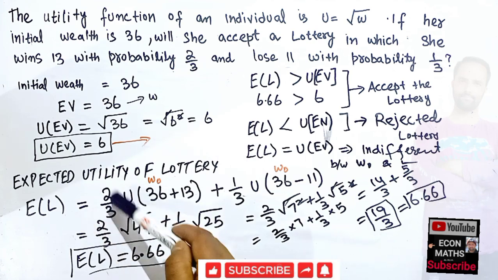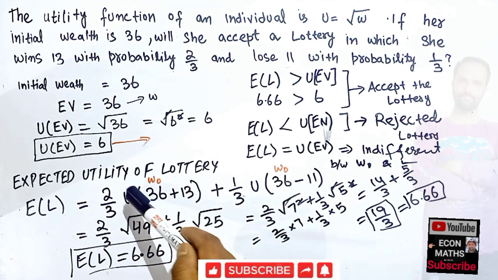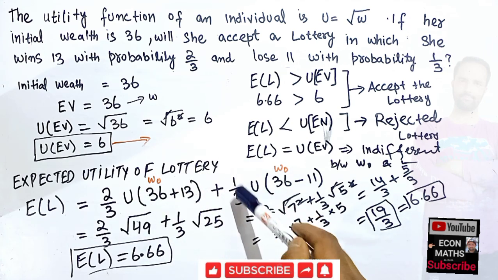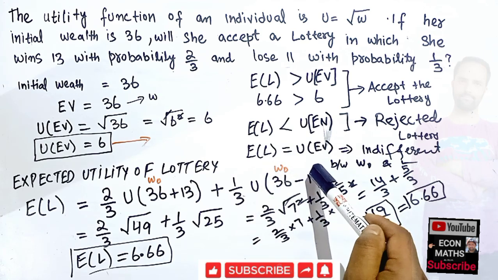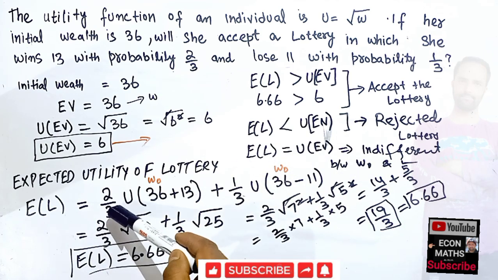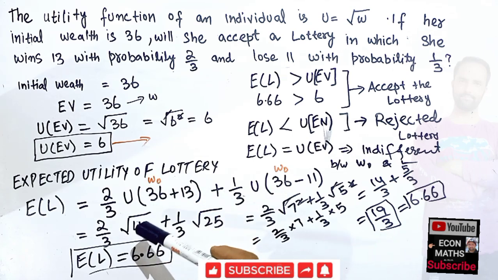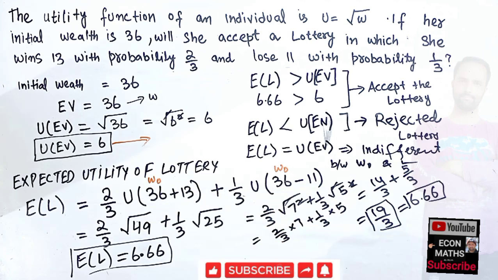Now the expected utility of the lottery is simple. We multiply each outcome: 2/3 times the utility if she wins, plus 1/3 times the utility if she loses. In case she wins, she has the initial wealth plus the amount she wins, 36 plus 13.